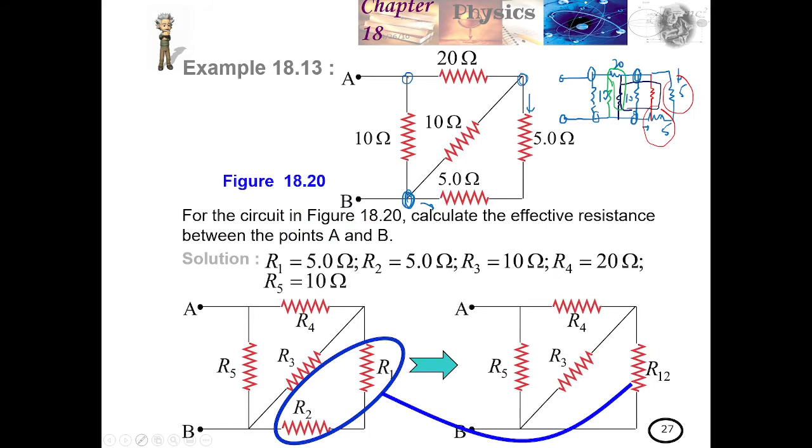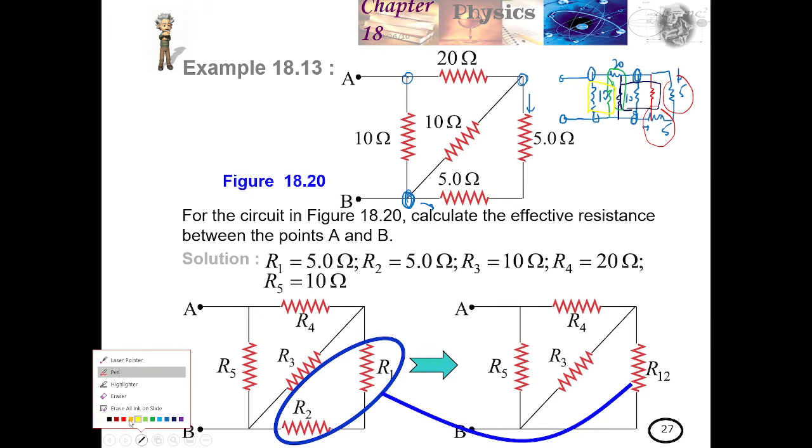We can see, yeah. 10 combined with the new one, then you have one resistor remaining. So you can see that there's a solution over here.